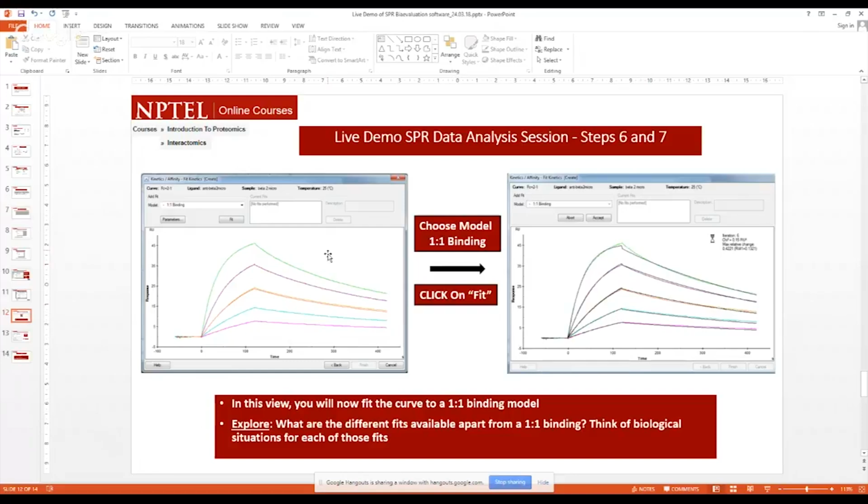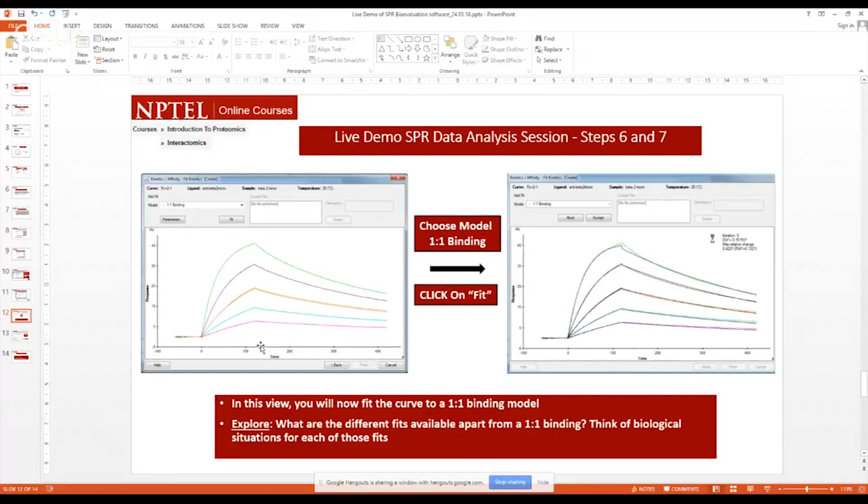In this view, I would like you to explore what are the different fits that are available apart from a 1:1 binding. For example, if you have a two-state binding, you might have a heterogeneous ligand or heterogeneous analyte. Now, what we suggest is you always start with a 1:1 binding.